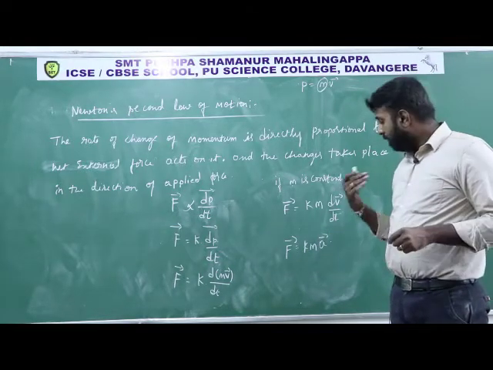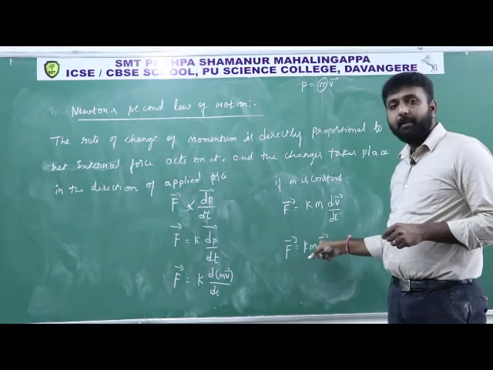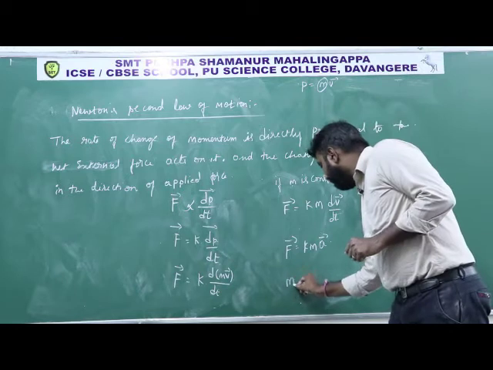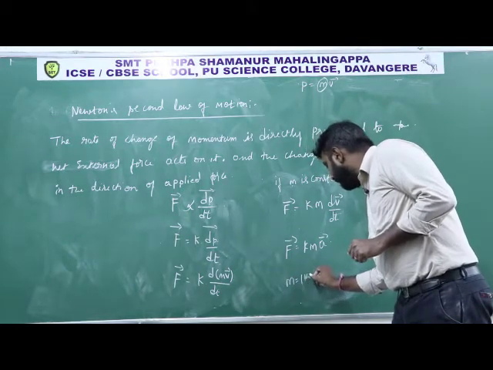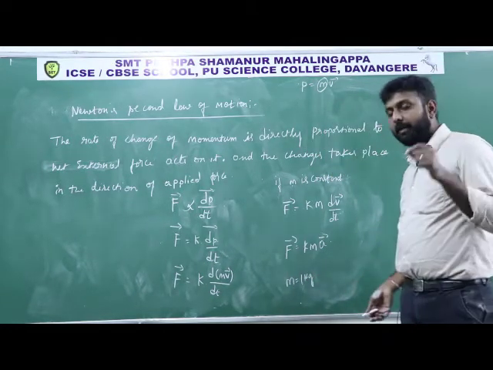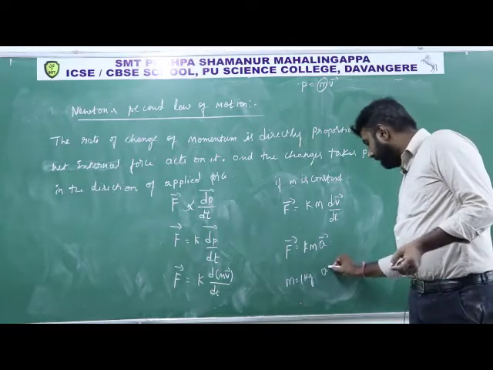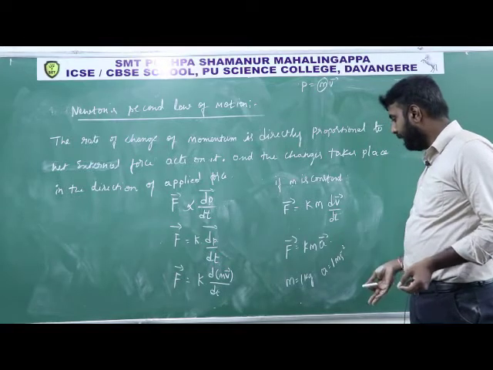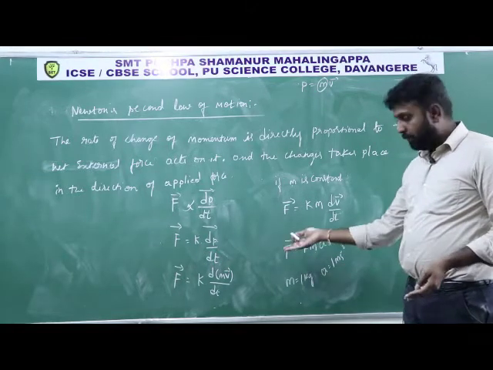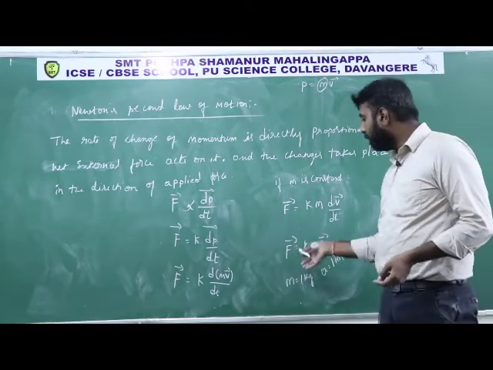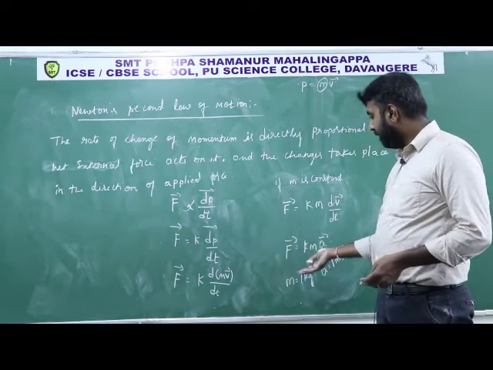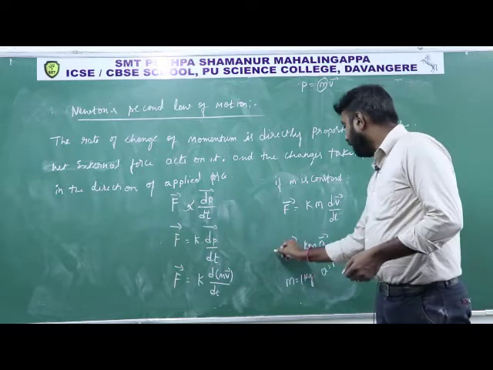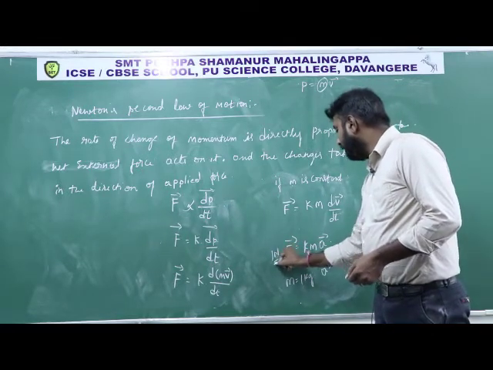Now we have some liberty to make the value of k equal to 1. How? By considering mass equal to 1 kg. If we consider mass 1 kg and acceleration 1 meter per second square, by taking unity, then we can give a new unit. Up to now we have not defined the unit of force, right? That unit we will consider as 1 Newton.